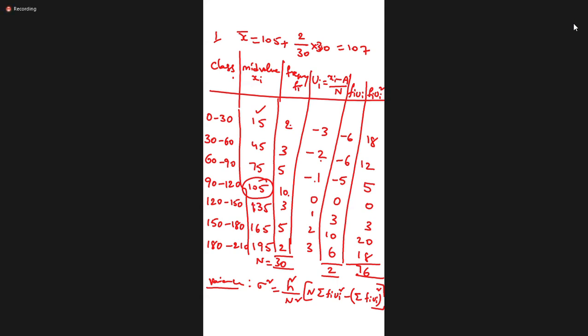All values you know, substitute the values and simplify. So variance is 2276, sir. Yes, correct.